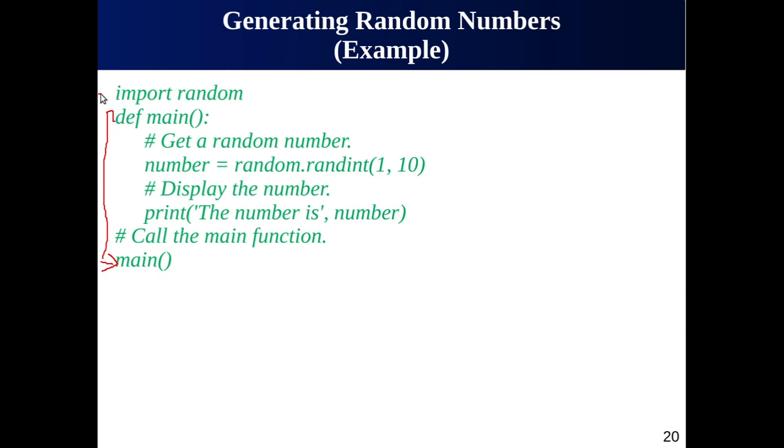You see, the import random library or module is there because we are calling a function which is defined in this module. And then this is the comment, which will be ignored. A random number will be generated and assigned to this variable number. After that, the comment is ignored. Print the number is number. So it could be anything. For example, let us say 6. It will be displayed. The random number generated is 6 in this case, and that's it.